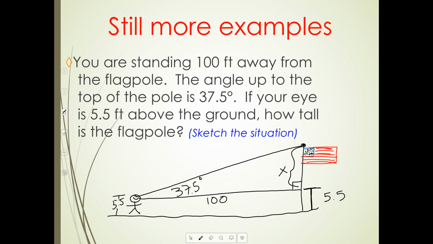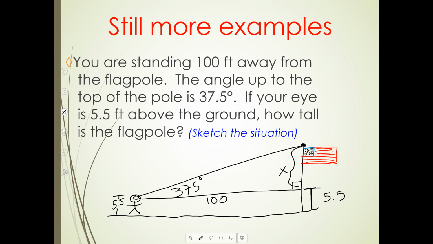Okay, so from the 37.5 degree angle, Michael, is x the opposite, the adjacent, or the hypotenuse from that angle? Opposite. Good. Is the 100 adjacent or hypotenuse? Adjacent. Good. So we don't care about the hypotenuse in this case.